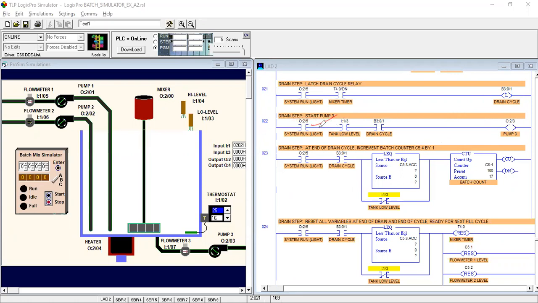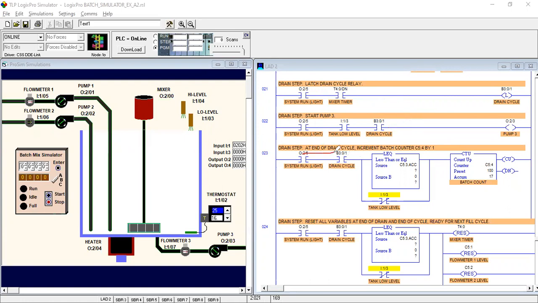And in the first branch we have to connect the system run light, output instruction address, and tank low level sensor instruction input, and in the input instruction the binary internal bits. It is used for the drain cycle.